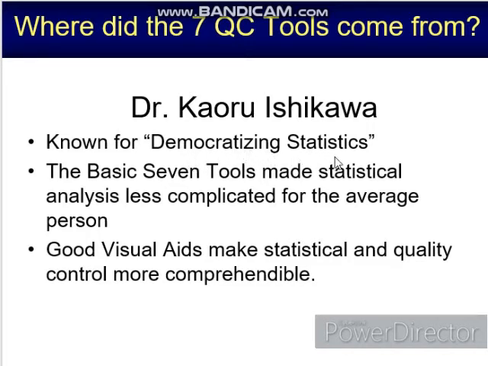and the seven QC tools are also known as democratizing statistics. The reason is that the concept of the 7QC tools was developed so that the statistics used to improve quality become very easy for everybody to understand. That's the whole idea behind the 7QC tools. The basic seven tools make statistical analysis less complicated for the average person.